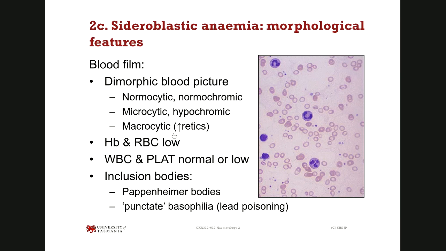And so we get early cells being released, so we get an increased number of reticulocytes in the blood. So you can get a dimorphic blood picture: normocytic normochromic, microcytic hypochromic, or macrocytic. So you can get a combination of all of these things.